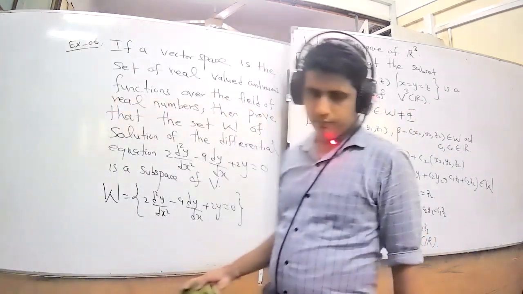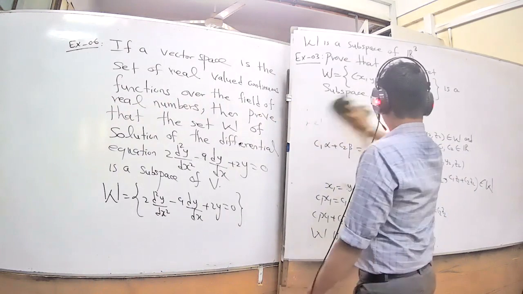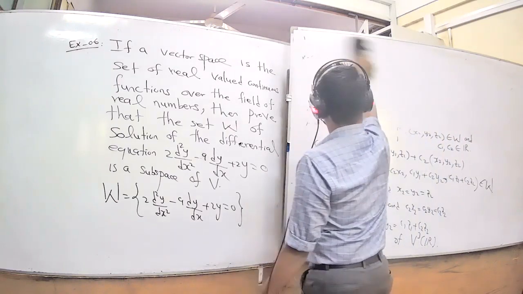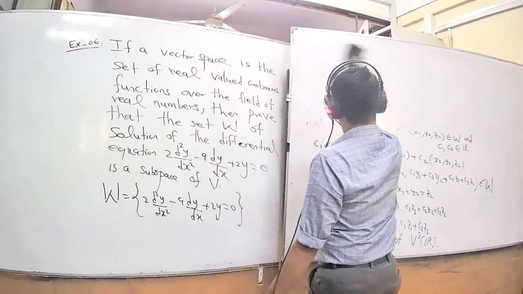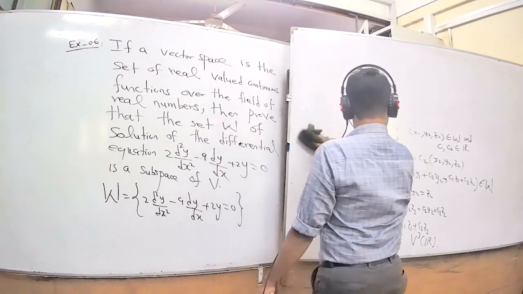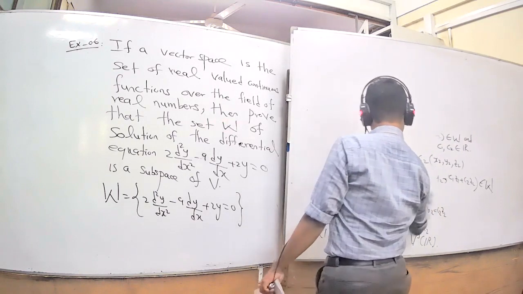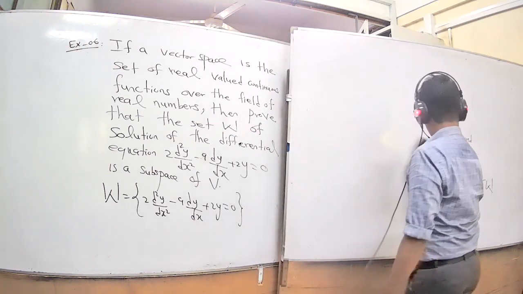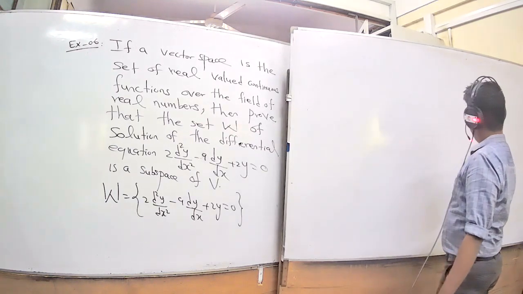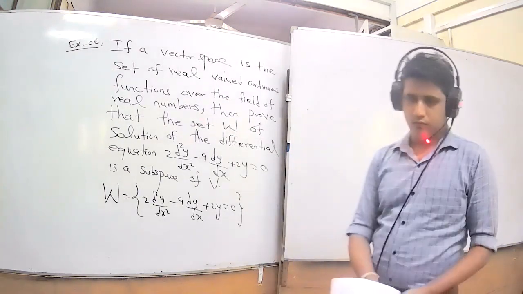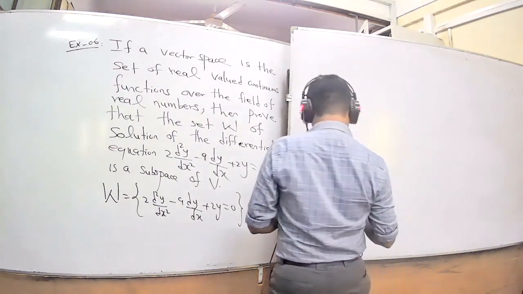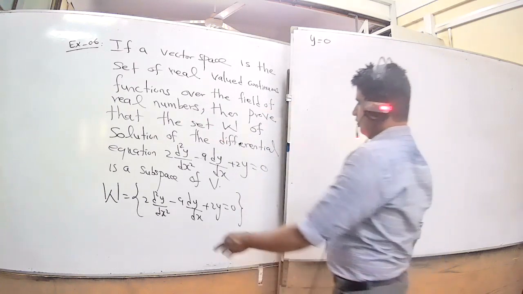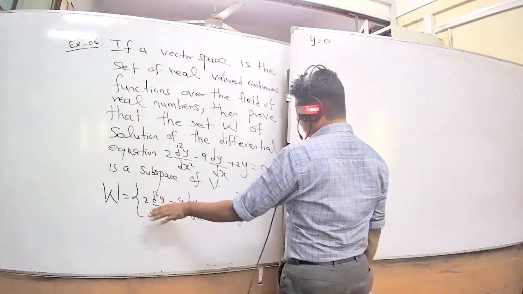So y equal to 0 means this derivative is 0 and this derivative is 0, so the left hand side equals the right hand side.